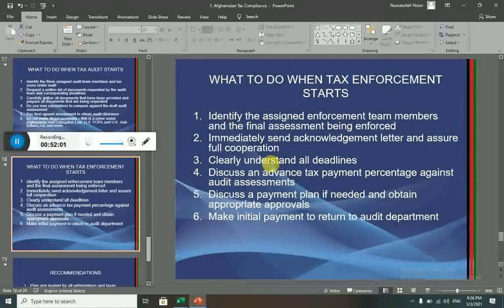Make initial payments to return to audit department. Once payments are approved, you'll have to share the payment slips and all that with the audit department or with the concerned department from where you have been introduced to tax enforcement, to make sure that they also know that you are compliant or you are cooperating with the tax enforcement.